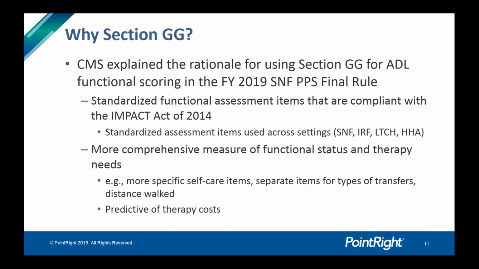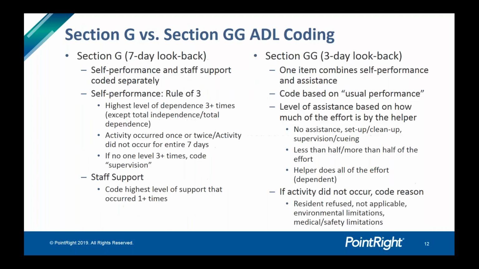They look quite a bit more like a therapy evaluation, even though this isn't just therapy's job. But these items have been determined in CMS's analysis to be predictive of therapy costs. So they're tying that back to the actual reimbursement.